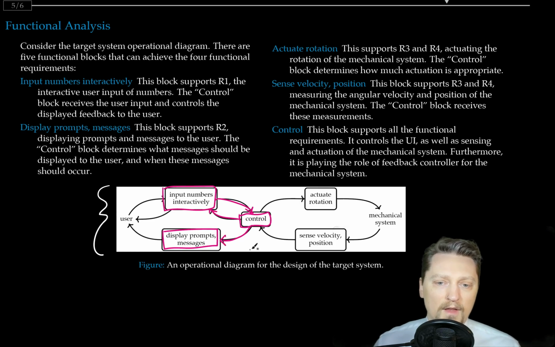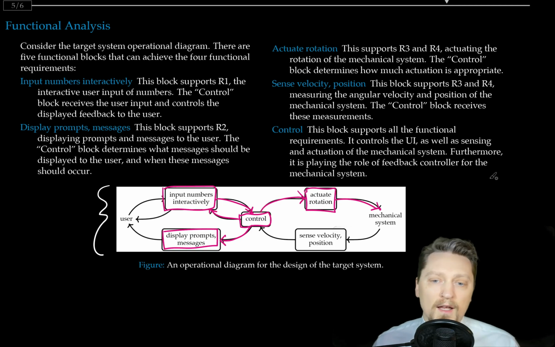So that is the direction from the control block. Actuate rotation. So this block right here. This block supports R3 and R4, actuating the rotation of the mechanical system. The control block determines how much actuation is appropriate.